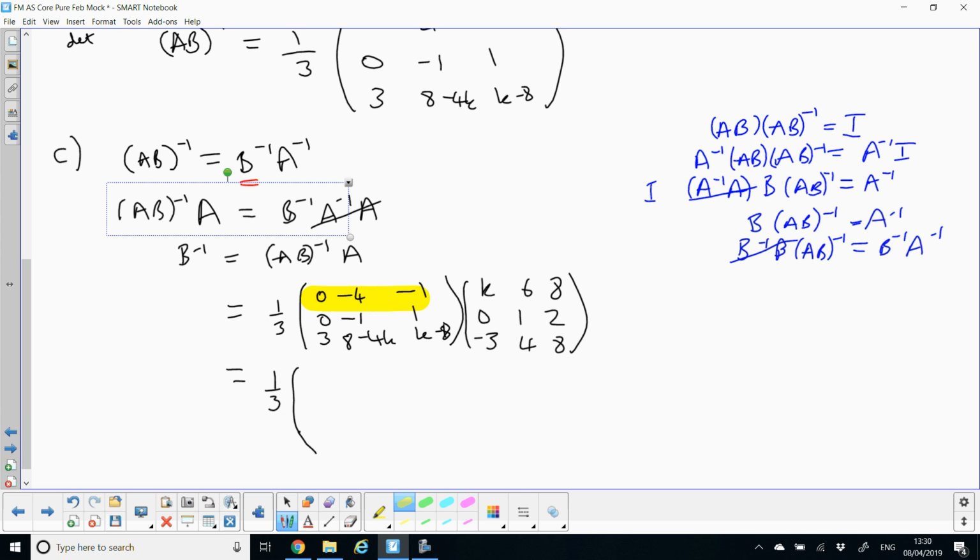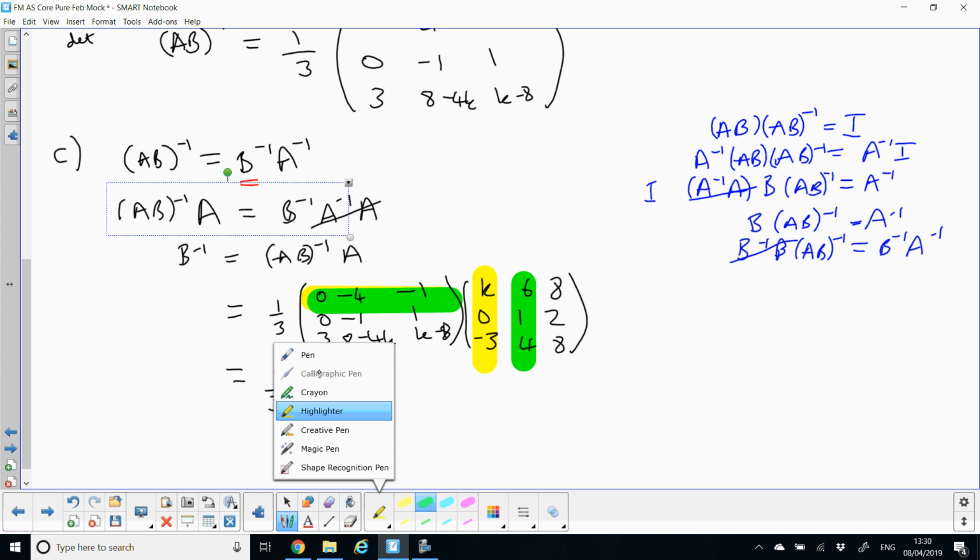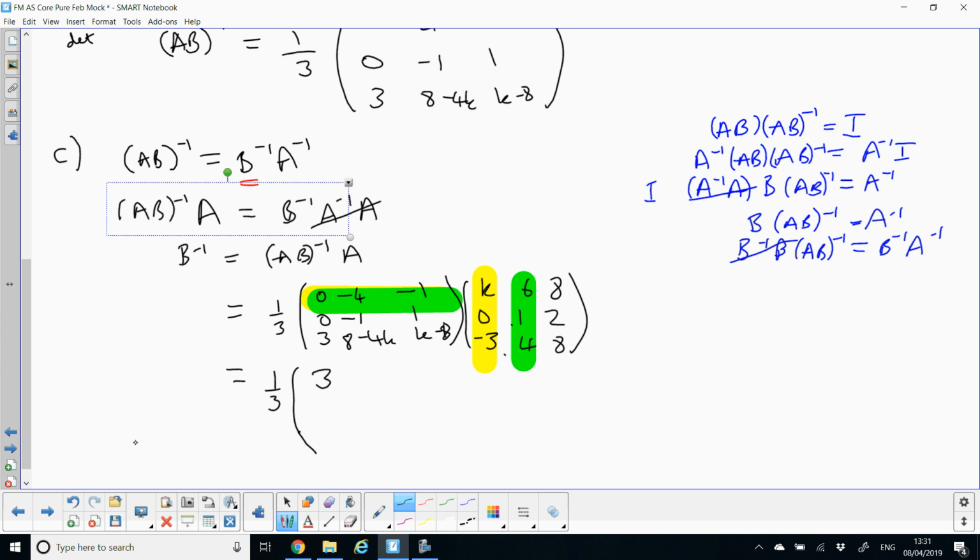So remember, we start with first row times first column. Conveniently, there's lots of zeros. Then if I go along, I could do first row, second column, which is going to give me, there's a 0 again, I've got negative 4, and then negative 1 times 4, which is going to give me negative 8 unless I've got it.